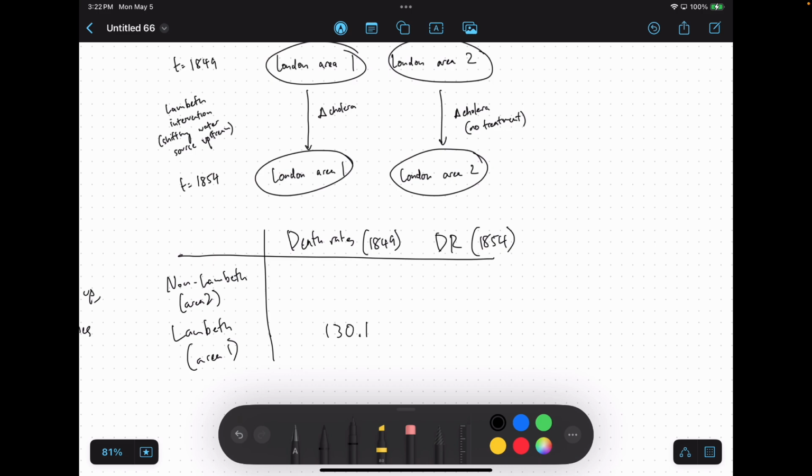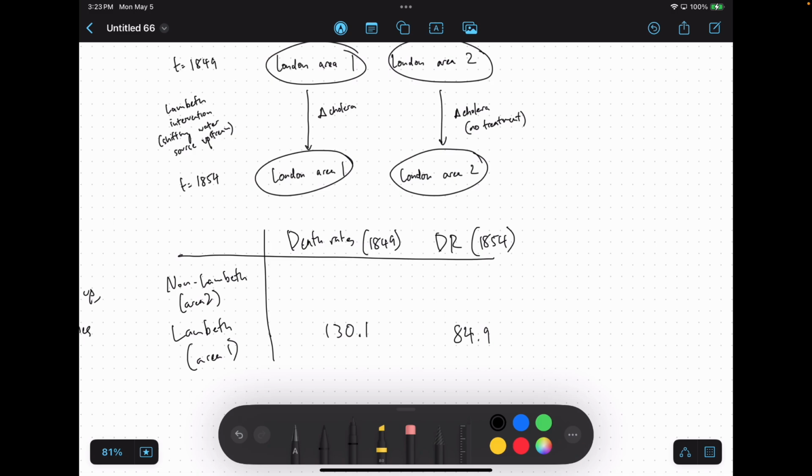In Area 1, the death rates were at 130.1 and went down in 1854 to 84.9. I think this is deaths per 10,000 or 100,000 people, I don't remember exactly. So 130.1 going down to 84.9.